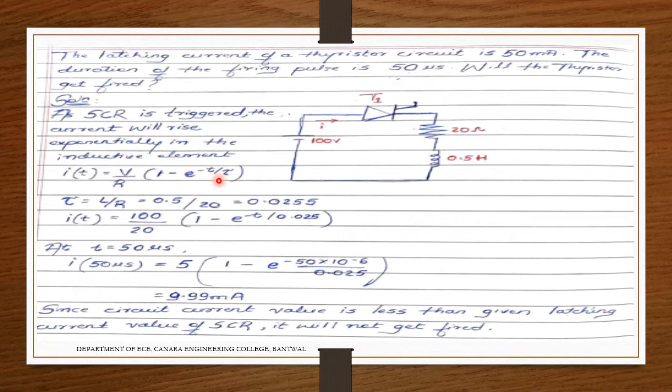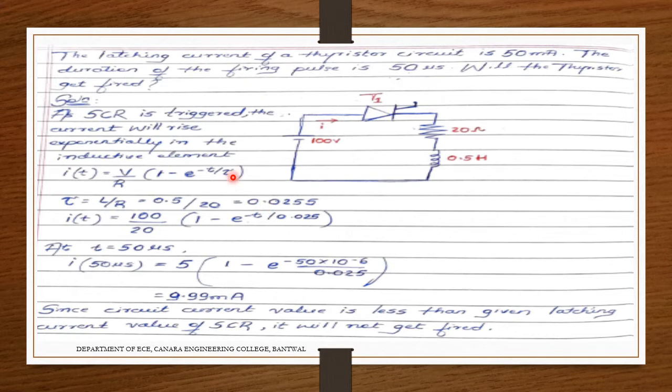But we have not been given any tau value here, so we can write tau as L by R. That is 0.5 divided by 20, which is equal to 0.025.